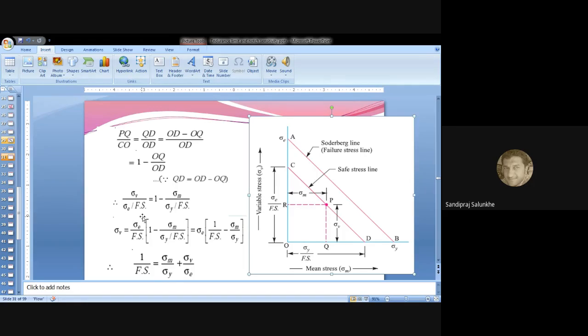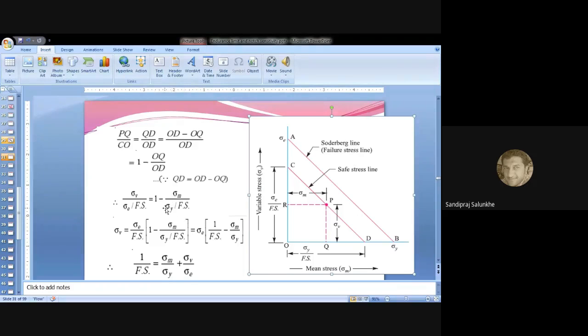This is equal to 1 minus OQ, which is the mean stress value for point P, that is sigma m, divided by OD, which is equal to yield stress divided by factor of safety for the same material.